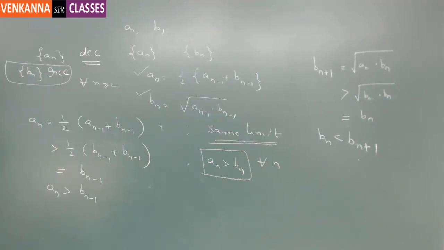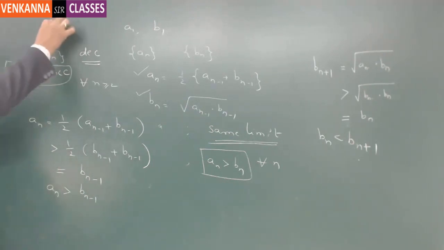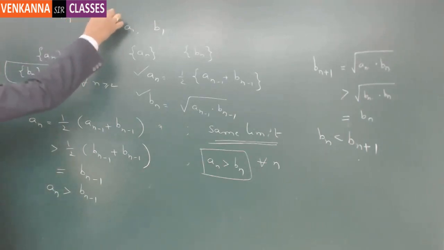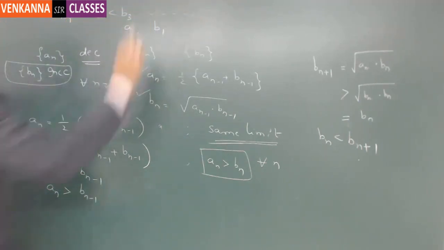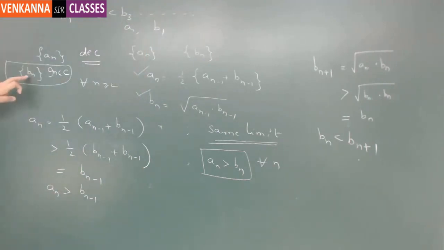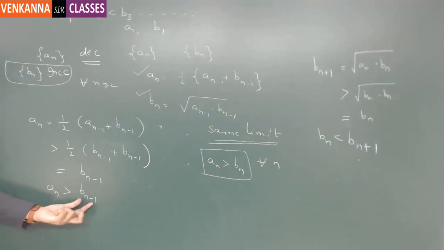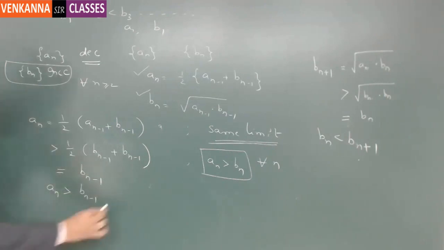It is an increasing sequence. So what is the smaller one for bn minus 1? Is it the previous term or the next term? Because bn is increasing, this is the pattern of bn. So what is the number which is smaller than this? In other words, bn minus 1 is greater than what? bn minus 2.